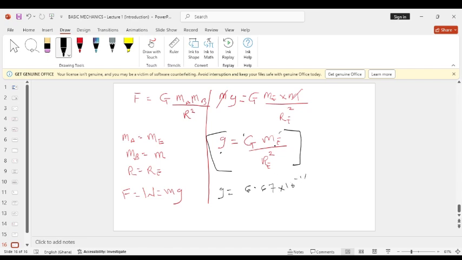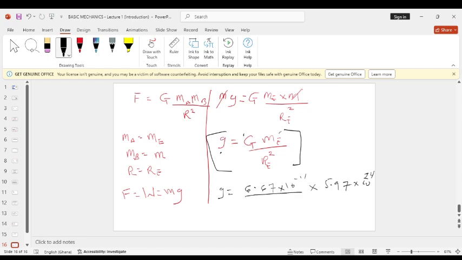And ME, the mass of the earth, is 5.9797 times 10 exponent 24.